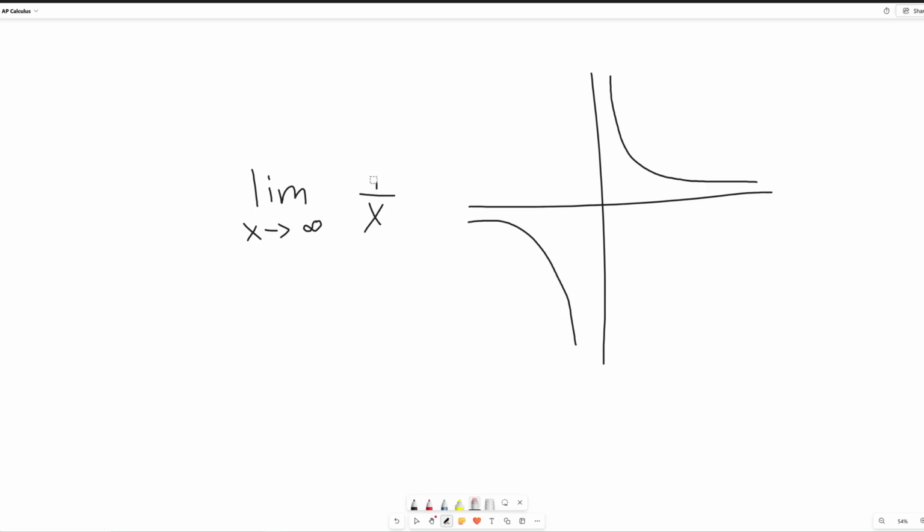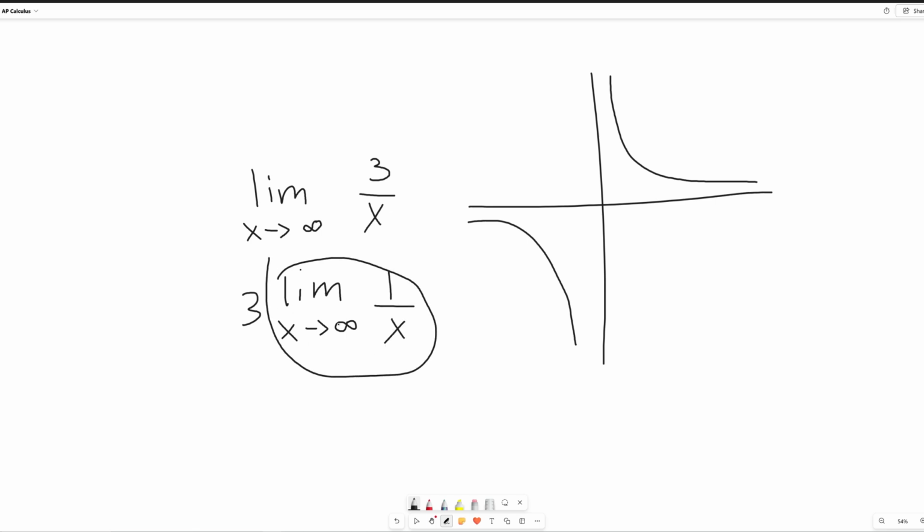If you have any constant, does not matter, 3 over x, the result will still be the same. You can think about it as 3 times the limit as x approaches infinity of 1 over x. This component is 0, so 3 times 0 is going to be 0.